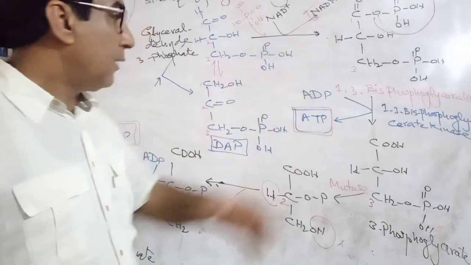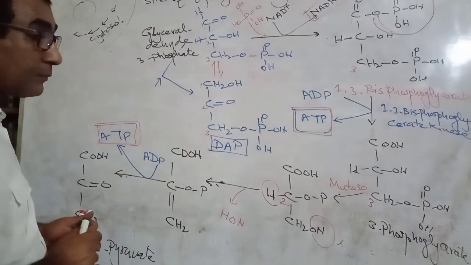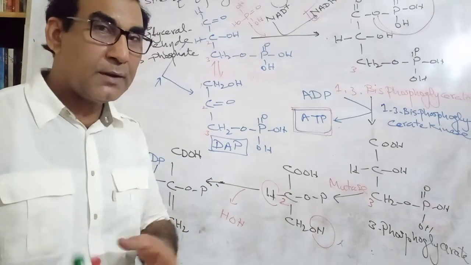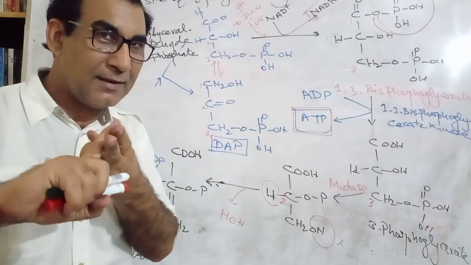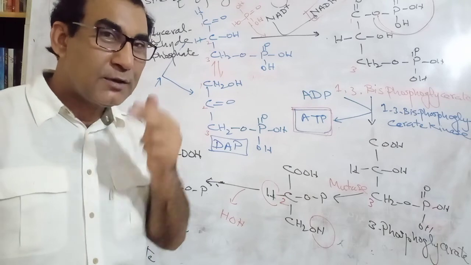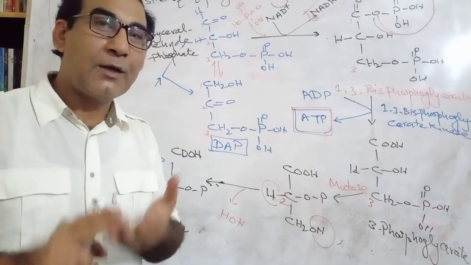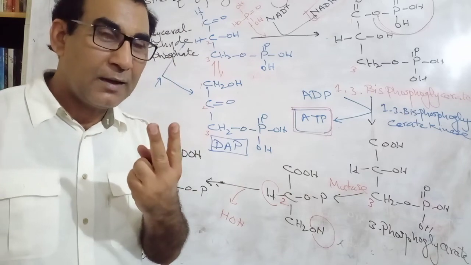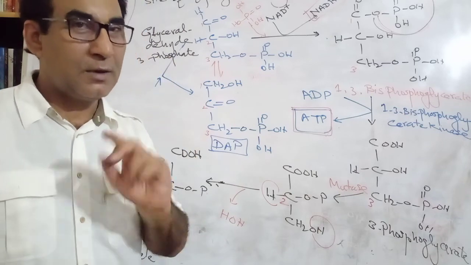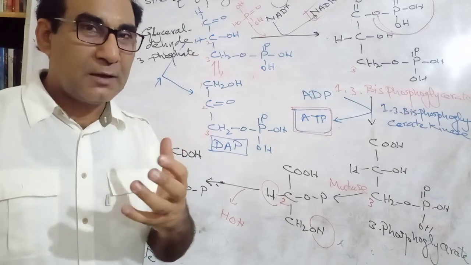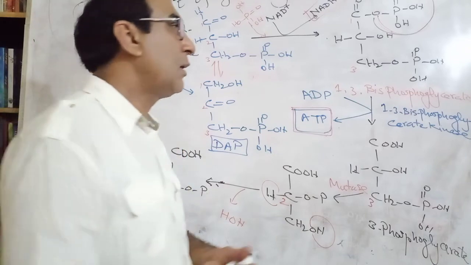But I may remind you people that you have used in the cell 2 ATP molecules during the preparatory phase. So net ATP molecules are 2, and 2 NADH molecules, which are the energy packets. These are also received at the end of glycolysis.